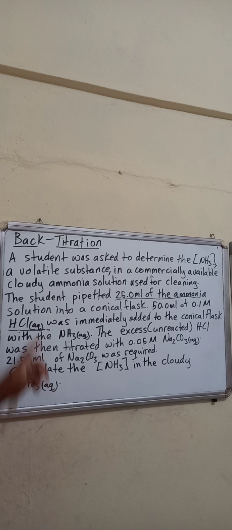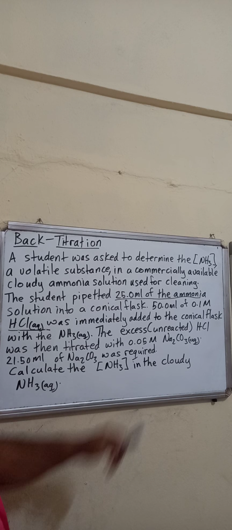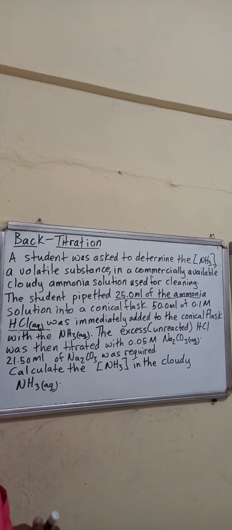In a commercially available cloudy ammonia solution used for cleaning, the student pipetted 25 ml of the ammonia solution into a conical flask. 50 ml of 0.1 moles per dm cube, capital M meaning moles per dm cube, of hydrochloric acid was immediately added.